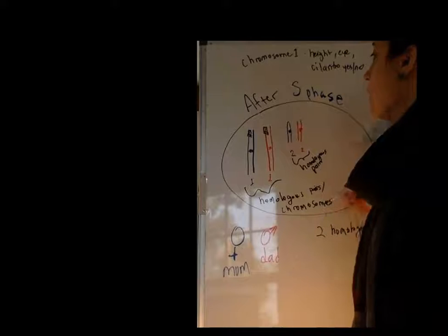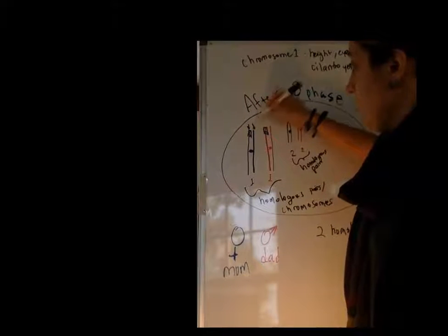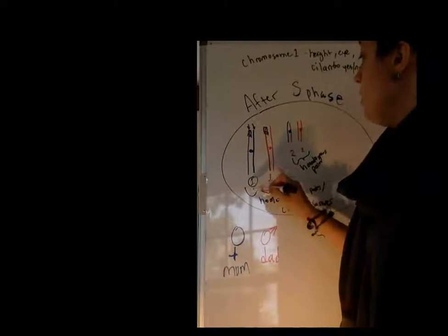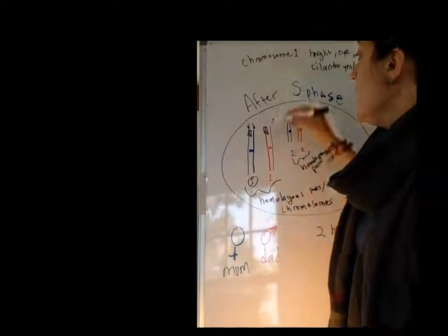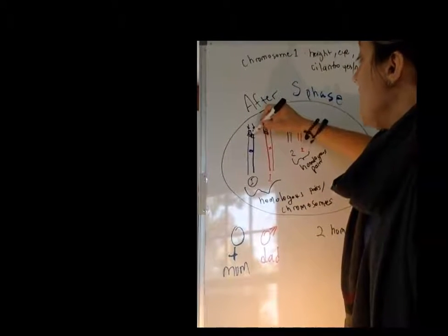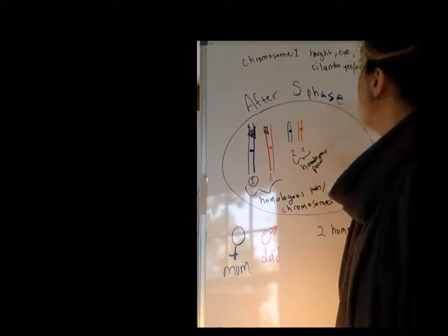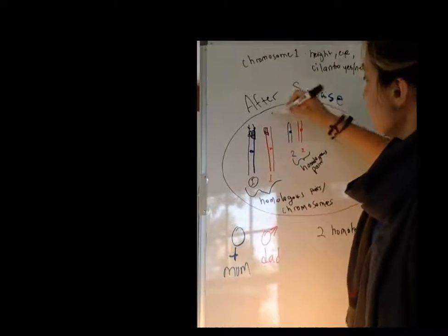What do I mean by that? Well, this sister chromatid is from mom, and this one is also from mom, and they're both for chromosome 1, or autosome 1. So they will have the exact same DNA sequence for height here as well as for eye color.